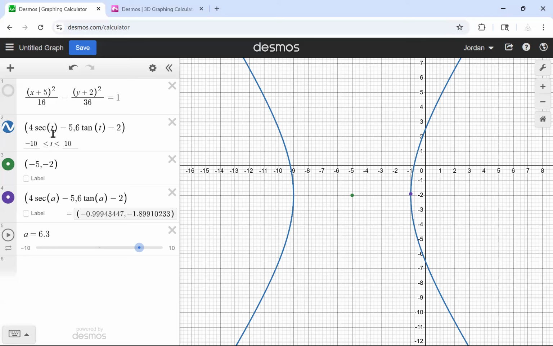However, with the parametric version, you can also see how fast you're moving along this graph. And notice what's happening. Basically, this point comes into the graph here, let's say, and it's going to trace out all the way to the other end.